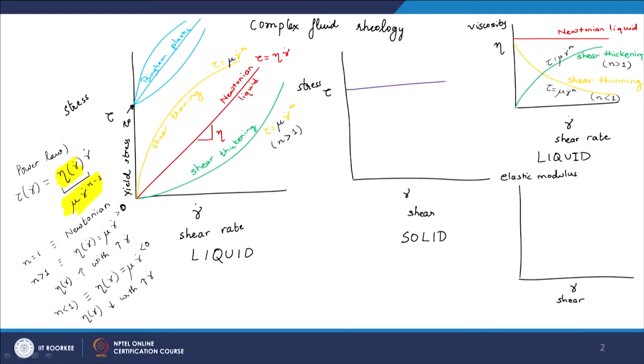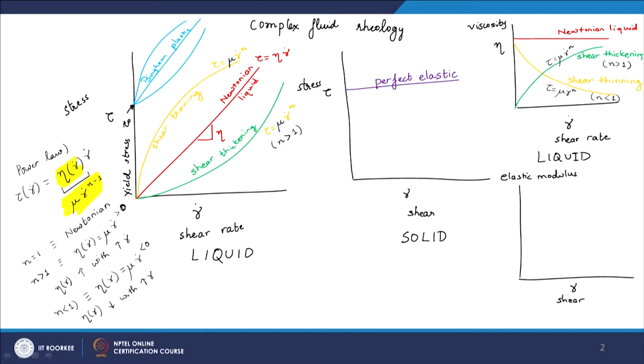So, we can have materials which are having a constant modulus. This is called a perfect elastic material.